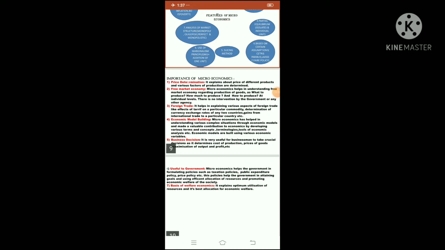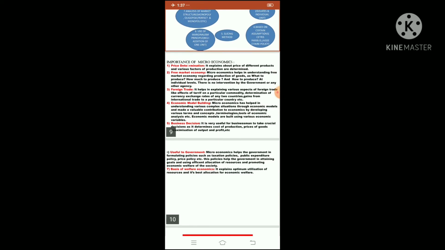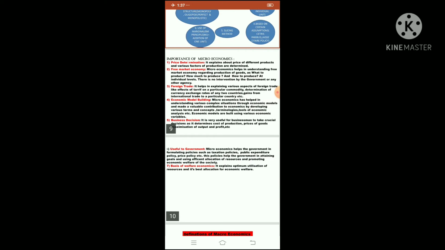The first importance of microeconomics is price determination. Microeconomics explains how the prices of different products and various factors of production are determined. As we studied in scope, the first one is the theory of product pricing, which depends on demand and supply analysis. Microeconomics is also called price theory. So the first importance is determining price.